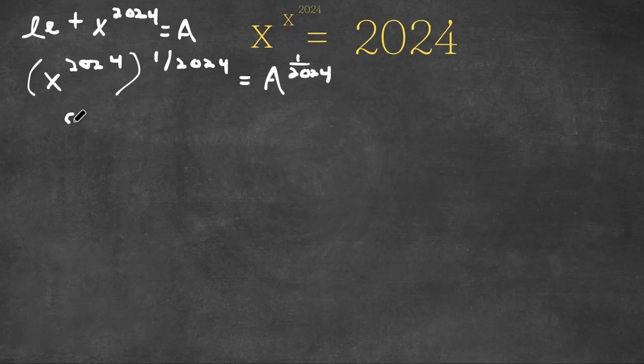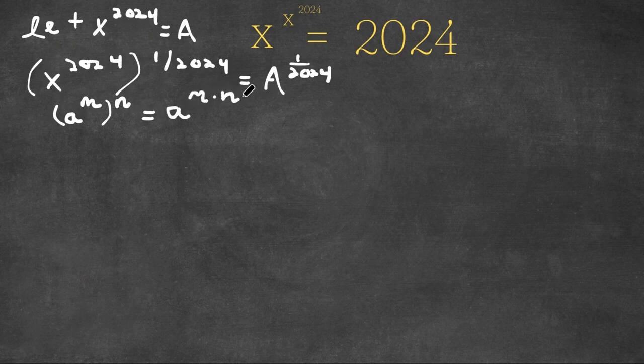Now, if we have something in the form a to the power of m to the power of n, this is equal to a to the power of m times n. So x to the power of 2024 to the power of 1 over 2024.